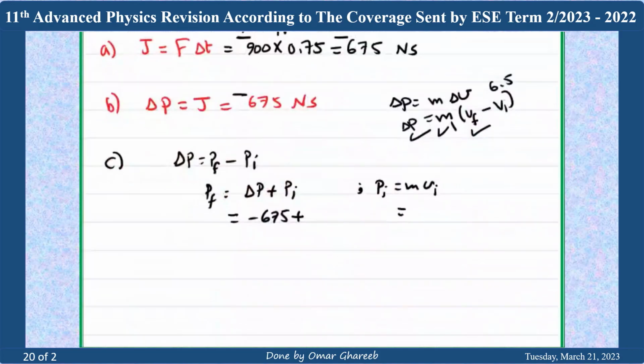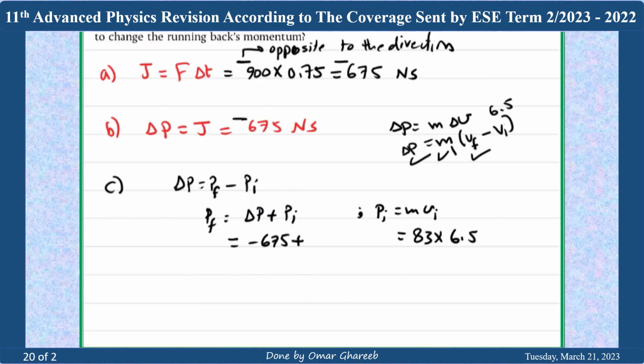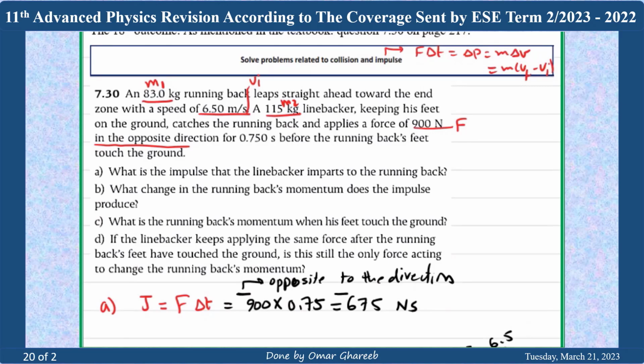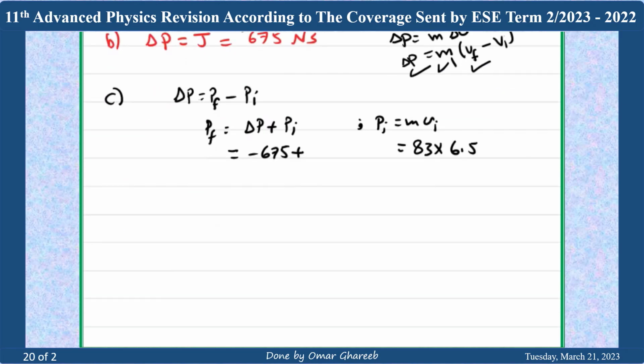It is 83 times the velocity, which is 6.5, I think. 6.5 times 83 is 539.5 kilogram meter per second.